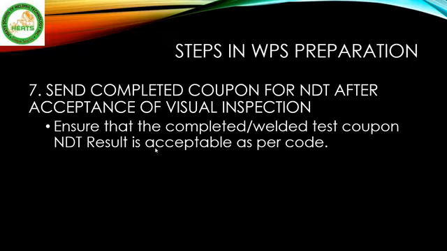After the acceptance of visual inspection, you can send it for NDT. You need to ensure that the completed and welded test coupon NDT result is acceptable as per code. You cannot continue the processes until all the processes like visual and NDT are accepted.